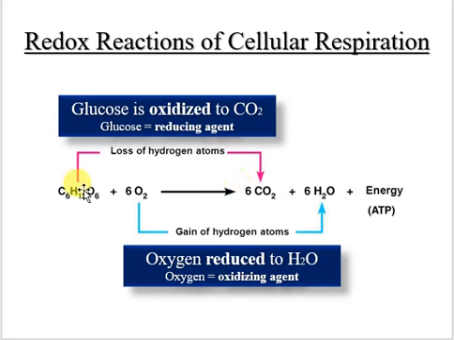So again, glucose is being oxidized. Because it's being oxidized, it's the reducing agent of oxygen, right? It's going to be the agent that causes the reduction of oxygen. So oxygen in the same process is being reduced. It's gaining those hydrogen atoms from glucose in order to create water.